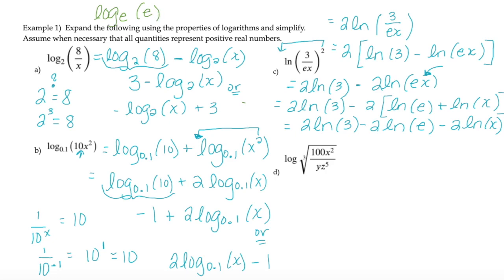I should rewrite it as an exponent here. So e, our base, to what power gives me the inside parentheses, e? Well, we know that this is 1, so anything to the first power gives us what we need. Therefore, the natural log of e is simply 1.